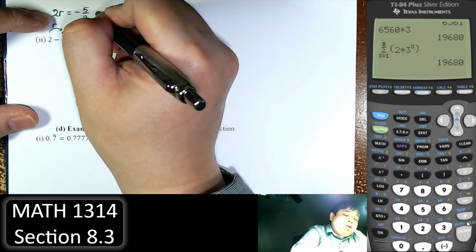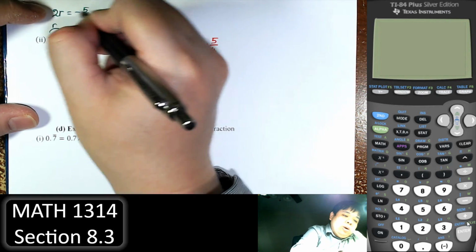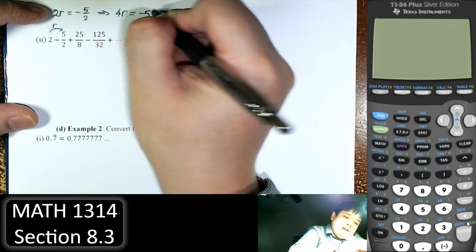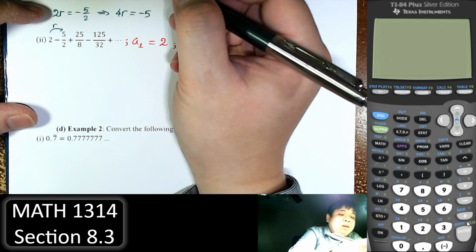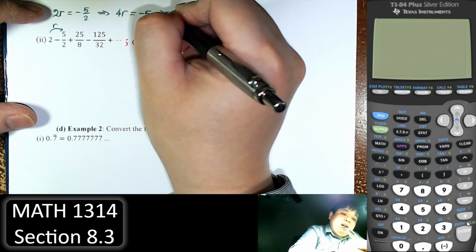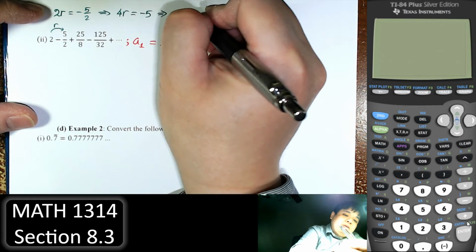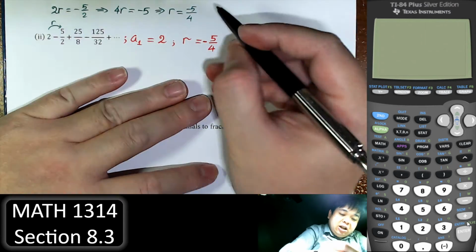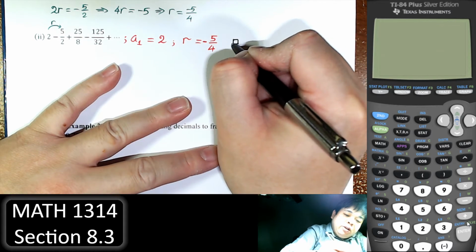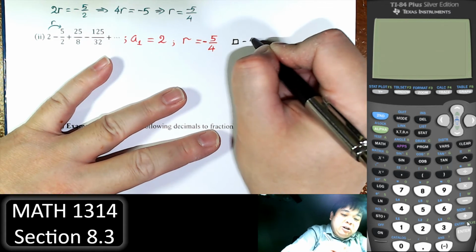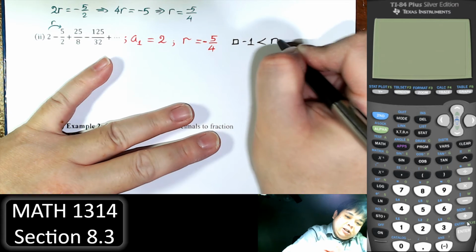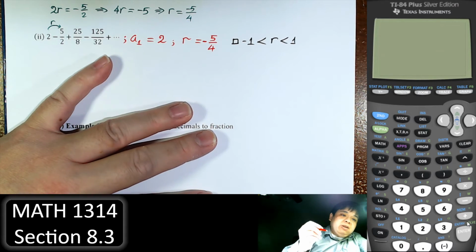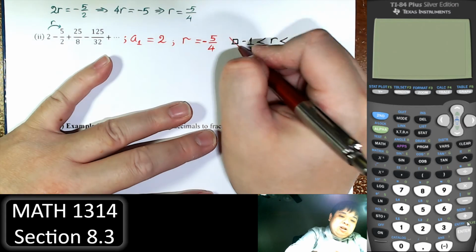Now multiply both sides by 2. We have 4r, and the 2s cancel out. Then divide both sides by 4. We have r equal to -5 over 4. Right? And then as always, we check to see if the ratio is between -1 and 1. -5 over 4 is -1.25, which is not.